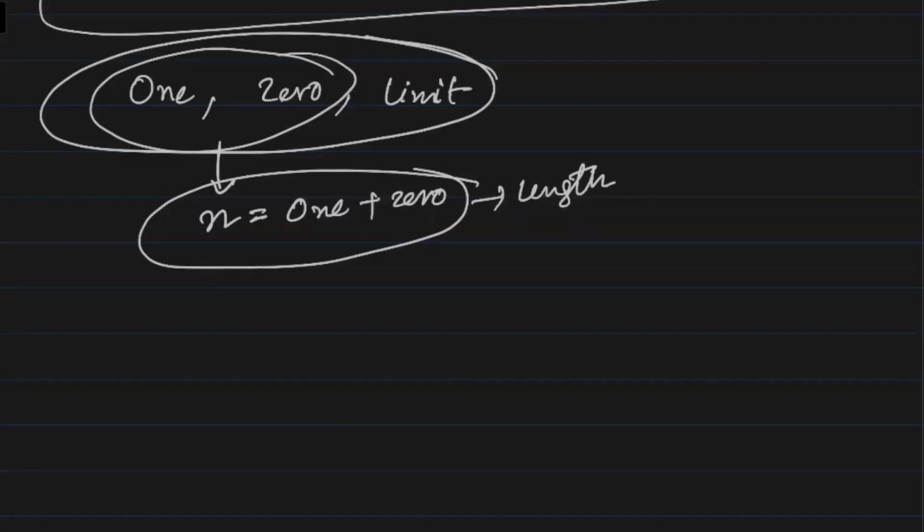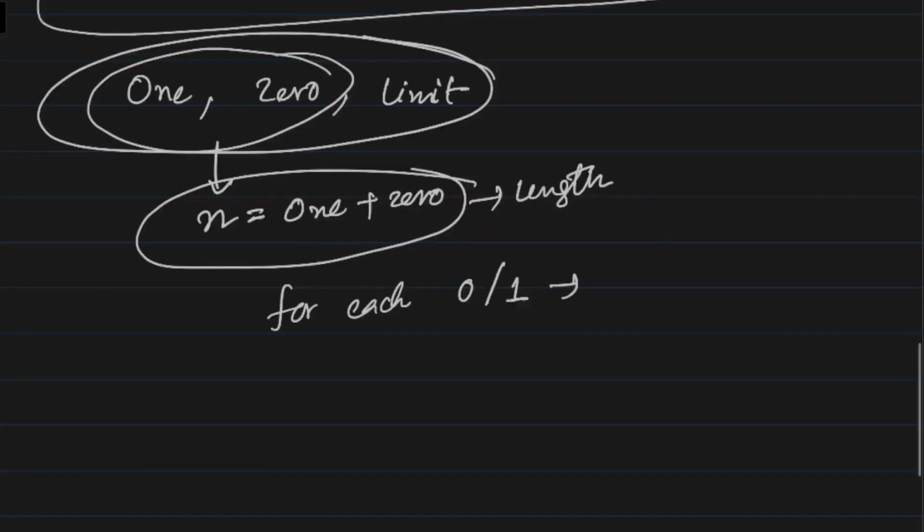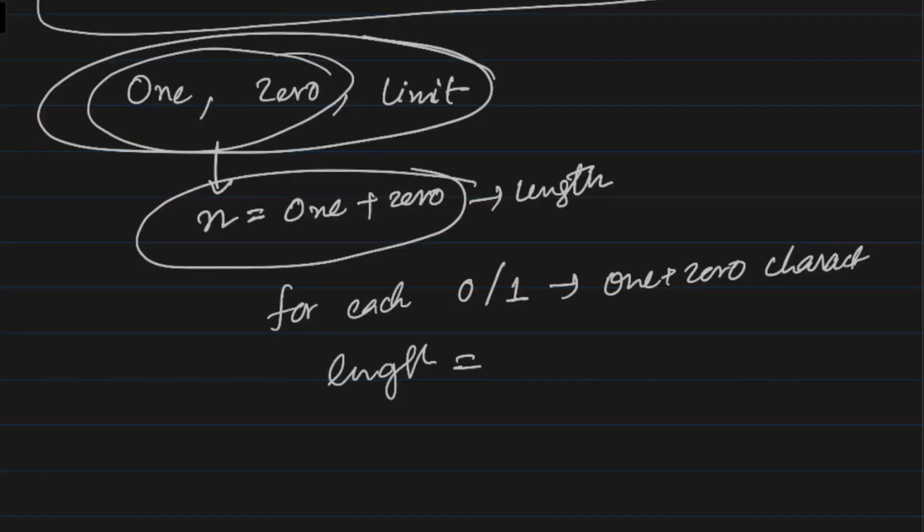So in the brute force approach, for each character, you are going to add either 0 or 1 till you have completed adding zero plus one characters.